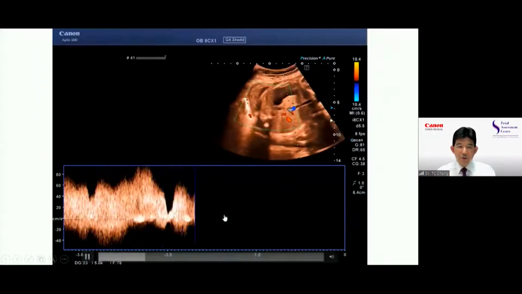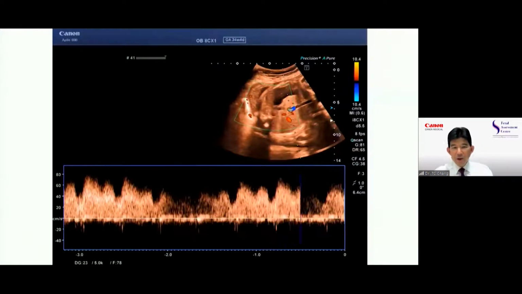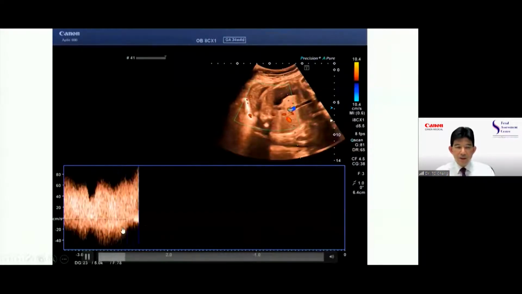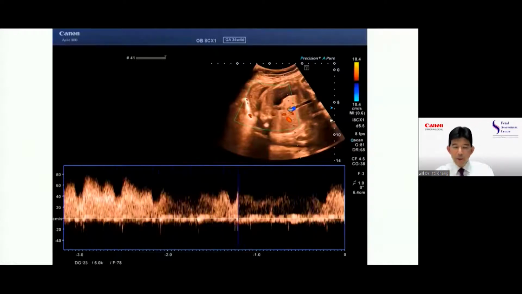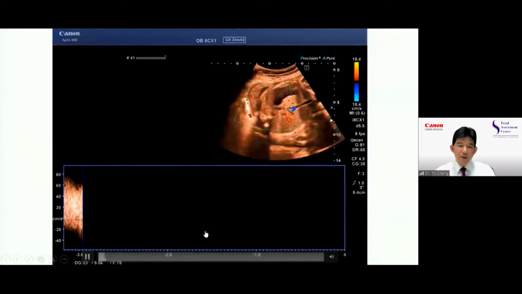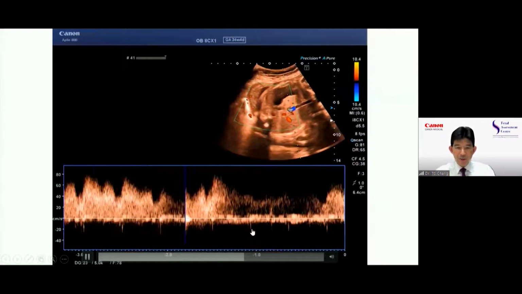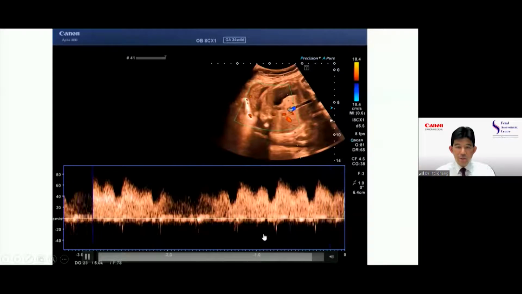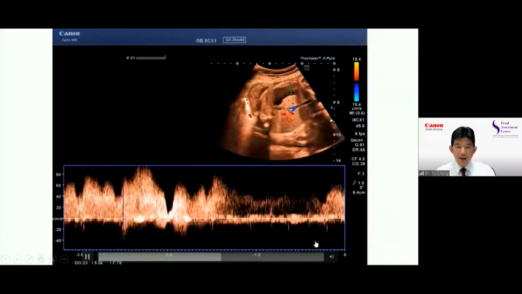I'll just show you how not to do a ductus venosus, and here I think we have a very good example of inappropriate ductus venosus waveform sampling. Simply looking at it you can tell that the waveforms vary, and that is because the fetus was actually demonstrating fetal breathing at that very moment in time. So you get variations, and this is uninterpretable.